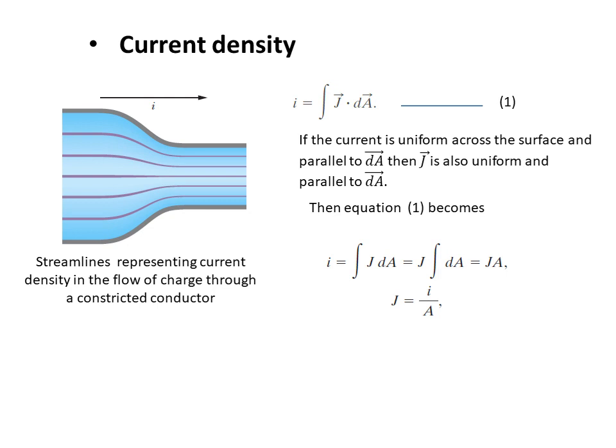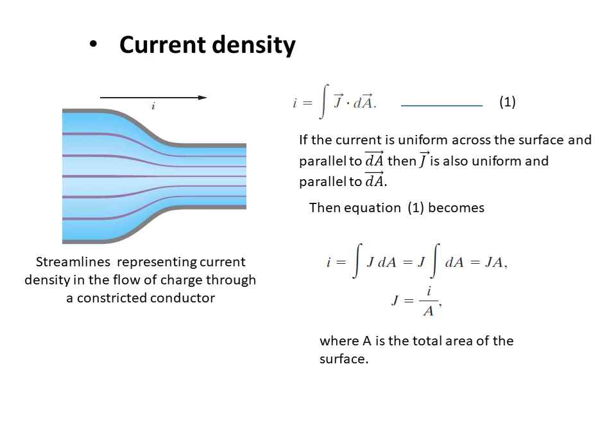We can rearrange these equations, so J is equal to I over A. This becomes the definition of J, current density, which is basically current per unit area.